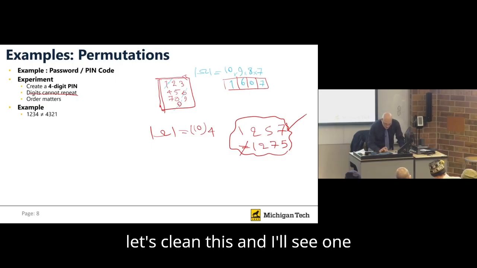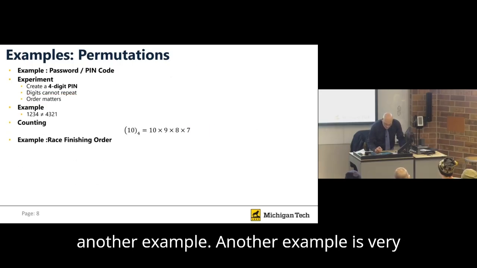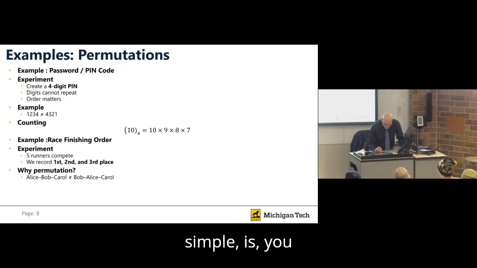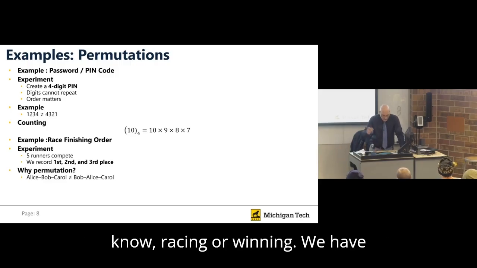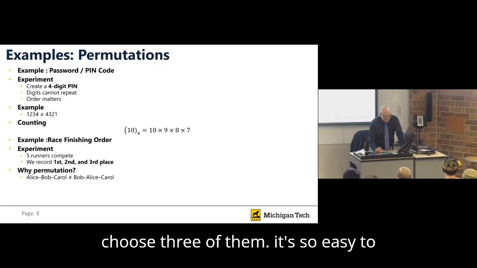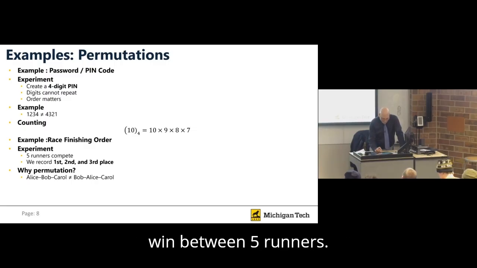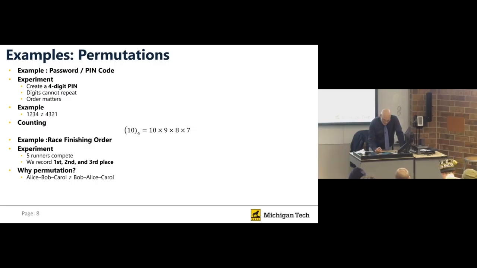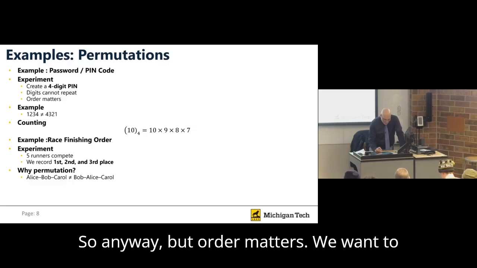Okay, let's clean this and see another example. Another example is very simple: racing or winning. We have 5 runners, and we choose 3 of them. Oh, it's so easy to win between 5 runners. Anyway, order matters.